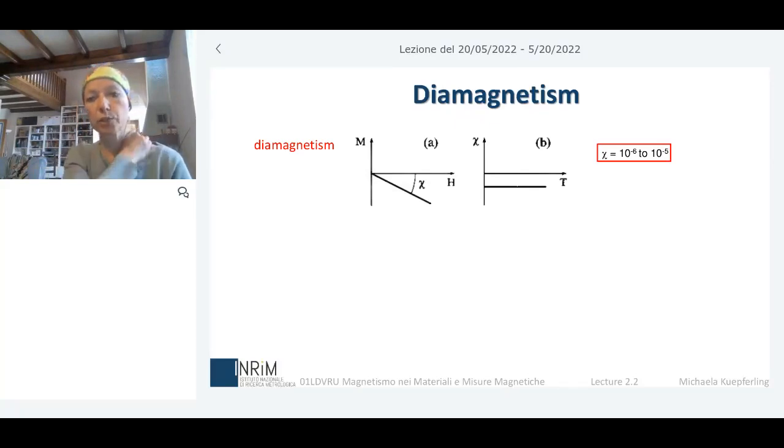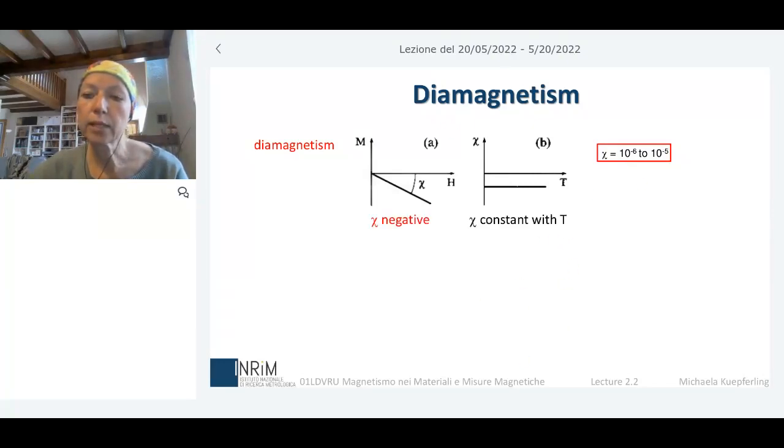Last time I already showed you this picture here, and we said the diamagnetic material has a negative susceptibility and that M is proportional to H. So chi is a constant, and it's also constant in temperature. However, chi is relatively weak, very small. Let's try to understand something about this.